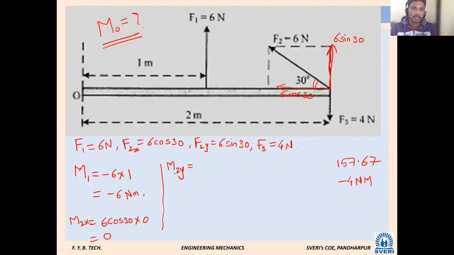If we apply force 6 sin 30 at that point and point O is fixed, how will this object rotate, clockwise or anti-clockwise? Anti-clockwise. So minus 6 sin 30 into the perpendicular distance, 2 meter, which is given already. Sin 30 is half, so 3 into 2 gives minus 6 Newton meter.